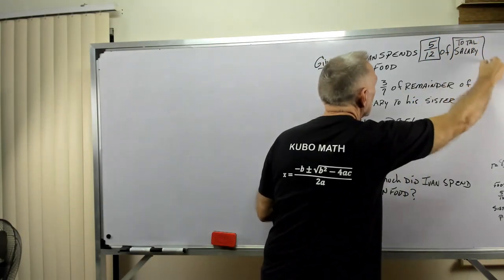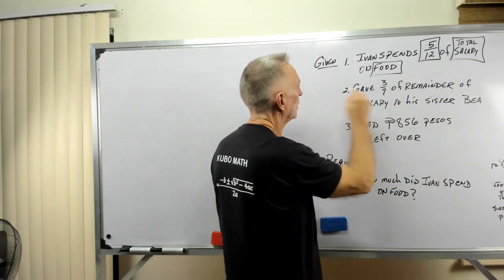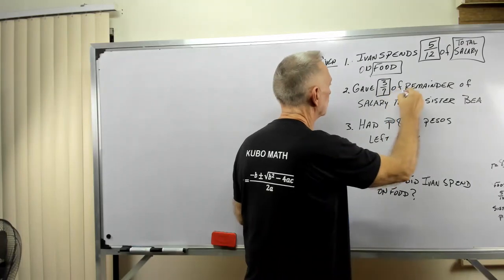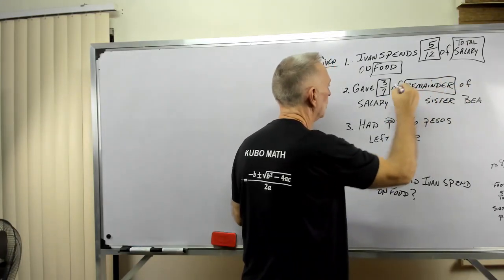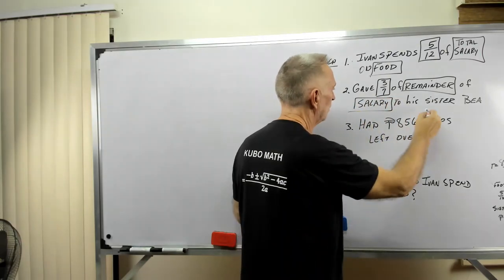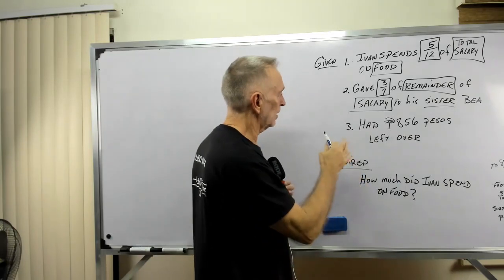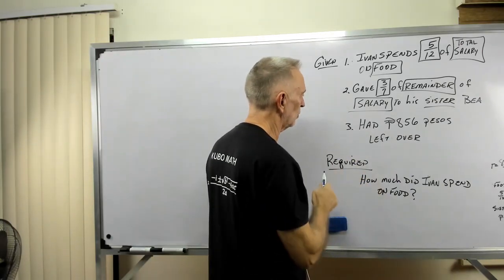5/12 total salary food. 3/7 remainder of salary. He gave it to his sister. Who he gave it to is really insignificant relative to answering the question.